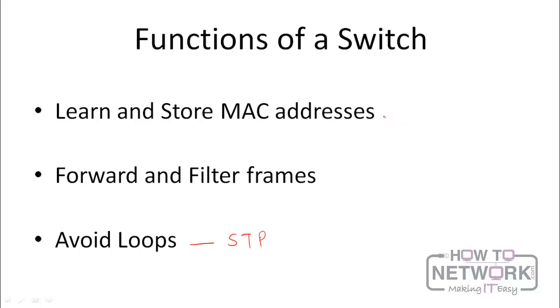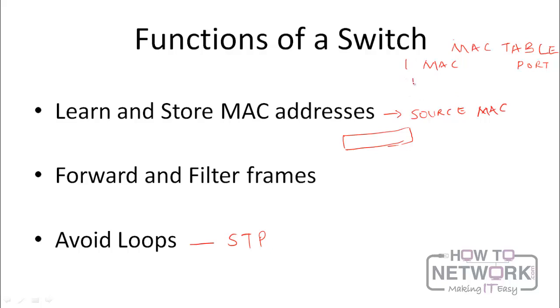Switches learn and store MAC addresses by using the source MAC address of frames that they receive. I'm going to explain this now. So when you have a switch and it has many ports, it keeps what is called a MAC address table. And a table is basically a list of MAC addresses and the ports that it belongs to.